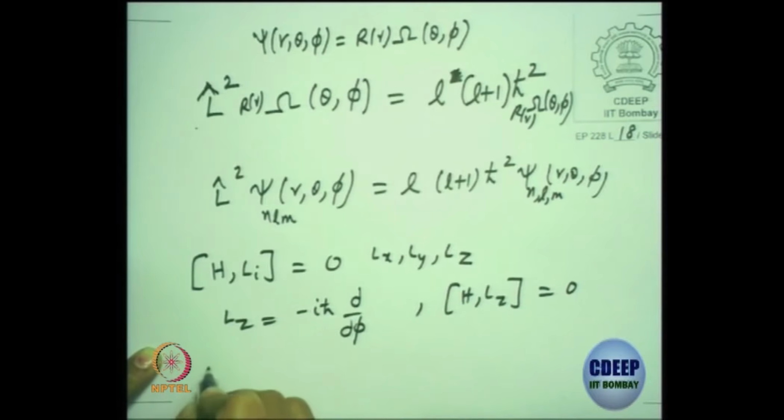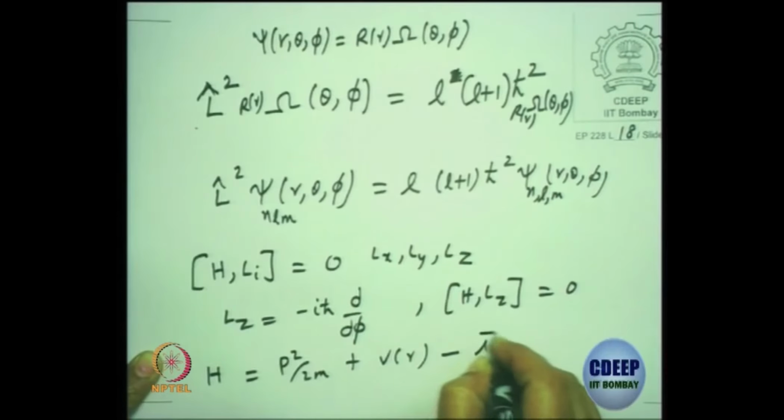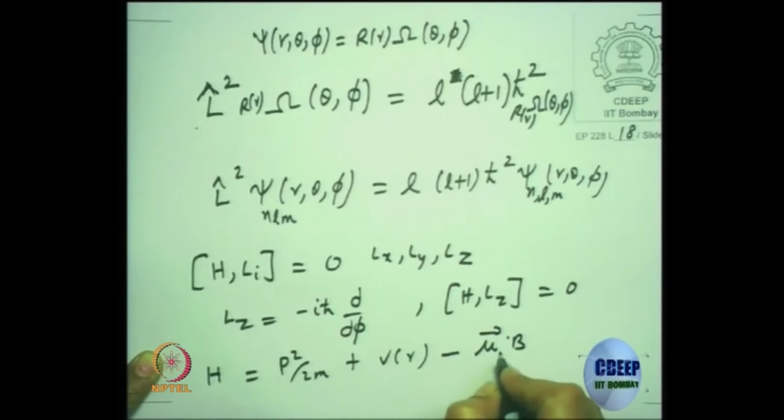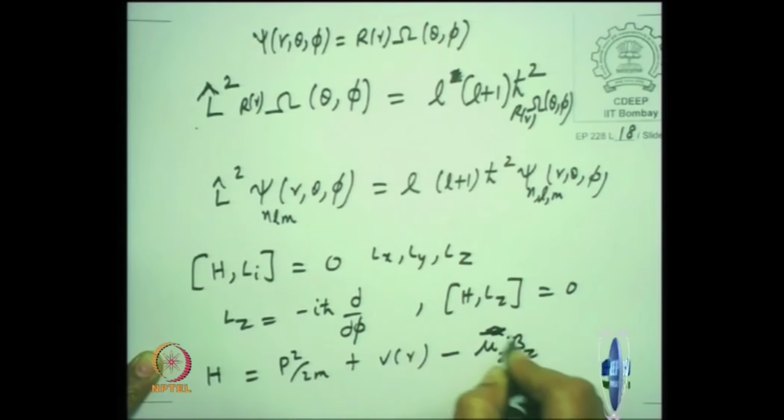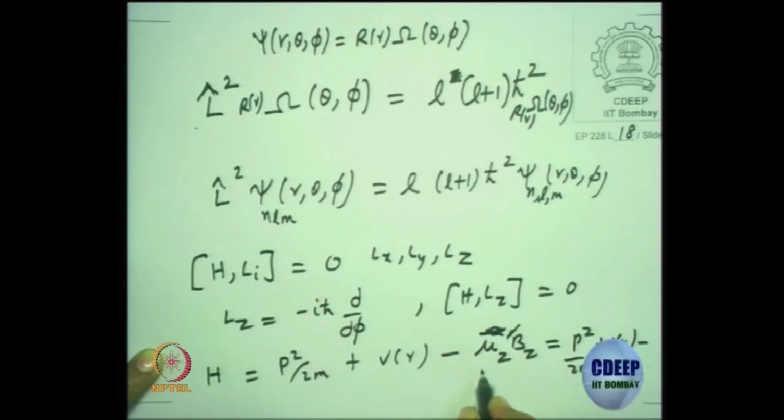Suppose you take the Hamiltonian, which is p squared over 2m plus V(r), and then I want to also add a mu dot B, and I take the mu to be along the z direction. So then what happens here? It is p squared over 2m plus V(r), and then a Bohr magneton times the Lz quantum number times Bz.